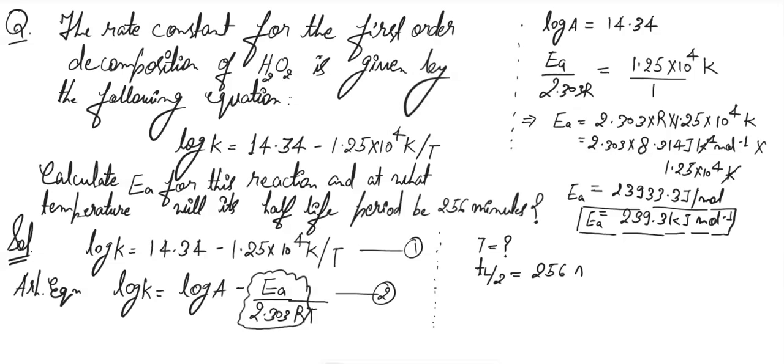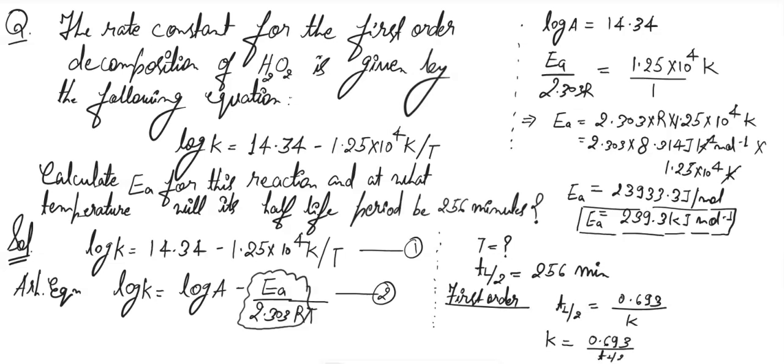Remember that this is first order kinetics, and for first order kinetics, T half is 0.693 upon K, the rate constant. So from here you can calculate the value of K, that is 0.693 upon T half.